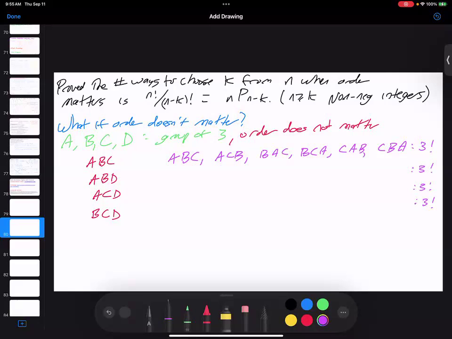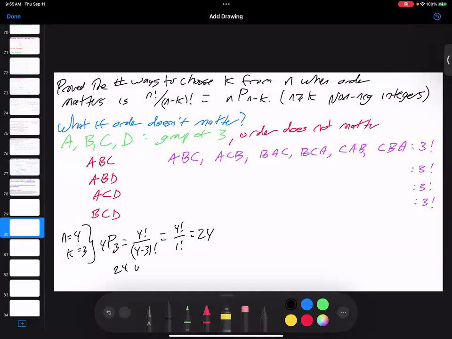Let's calculate what's going on. If I give you n equals 4 and k equals 3, then 4P3 is going to be 4 factorial over 4 minus 3 factorial. That's 4 factorial over 1 factorial. That's 24. So there are 24 ways to choose 3 people from 4 when order matters.